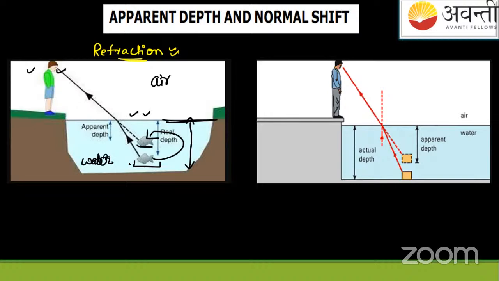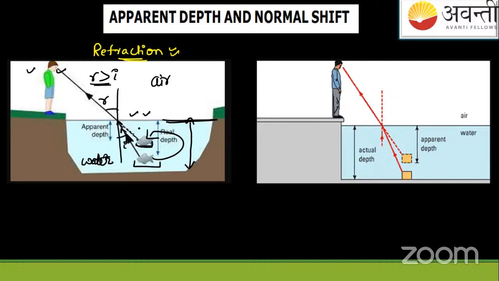When a ray of light passes from water, a denser medium, to a rarer medium, if you draw a normal, let us see the physics behind this. It bends away from the normal such that the angle of refraction is greater than i. If you extend this back, it will meet here. This gives you the image of the fish, which is a fake image, not real.